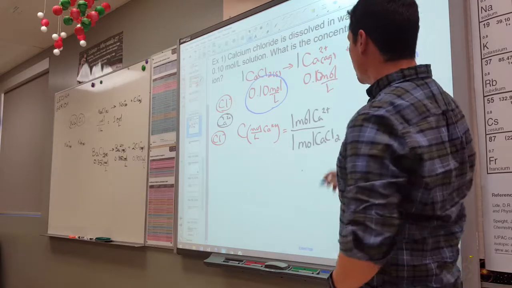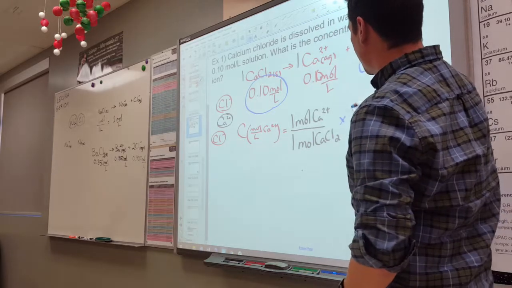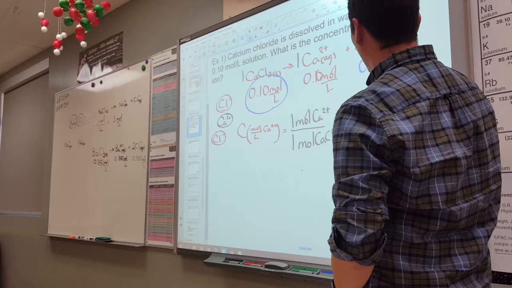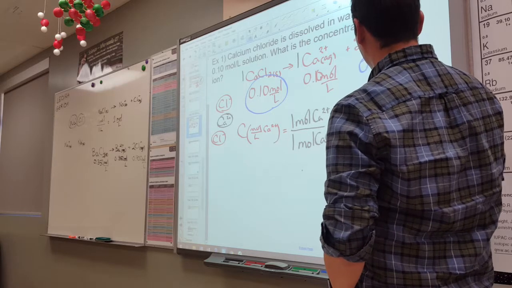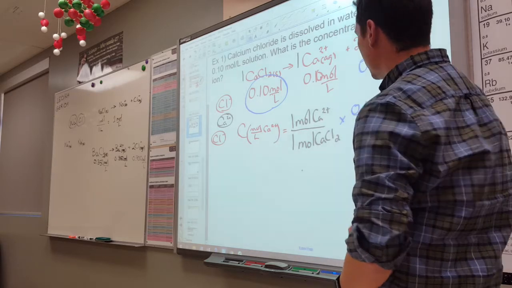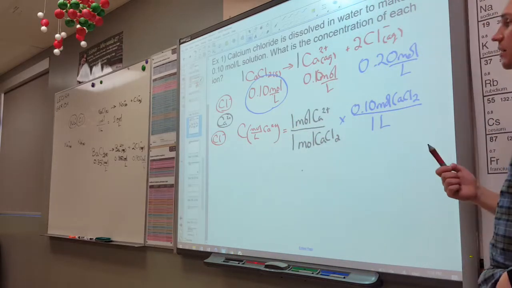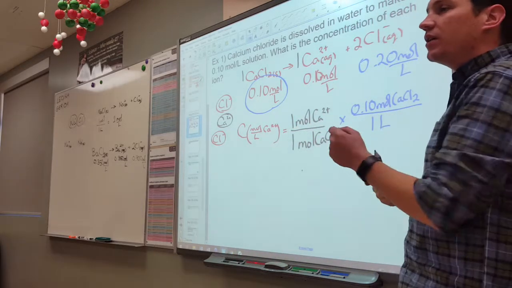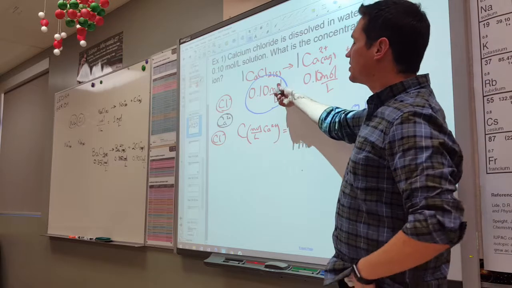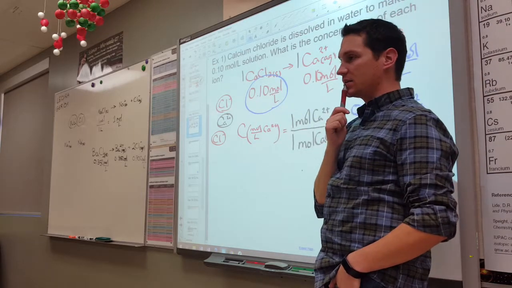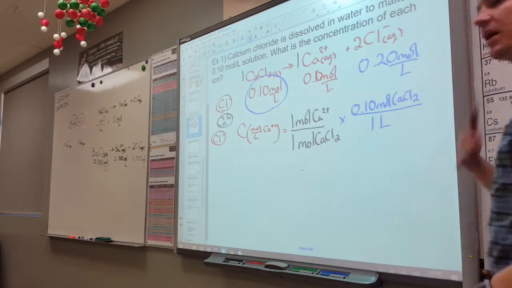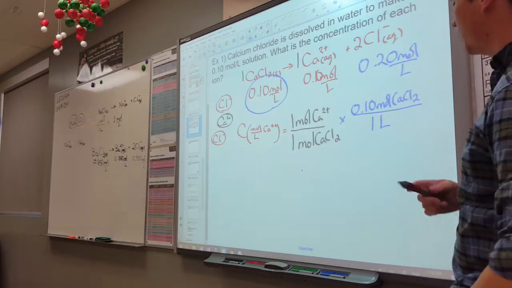So what we can do is we can multiply this by 0.10 moles of calcium chloride for every 1 liter. Now I know that that's a big leap. What we're starting to do is attach units to very specific substances. But just bear with me and we'll run through a couple examples.